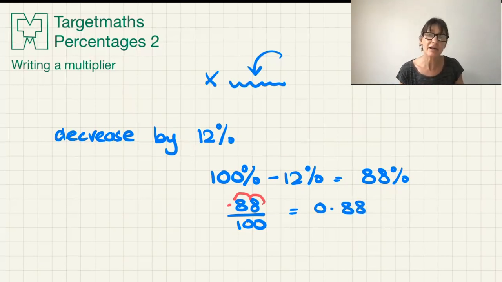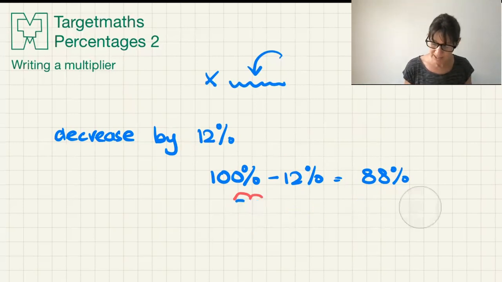And it's because when I go through that process, I end up with 0 point. Because I'm getting a multiplier that is less than 1, it will generate me, when I do the multiplication, a number that's smaller than the original. Perfect, exactly what I want.